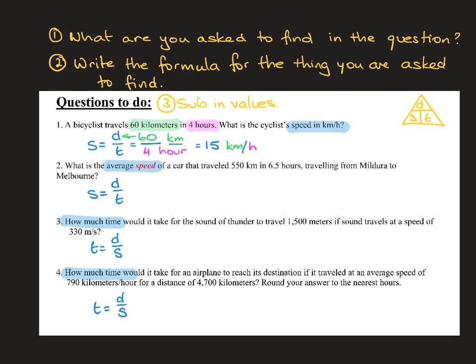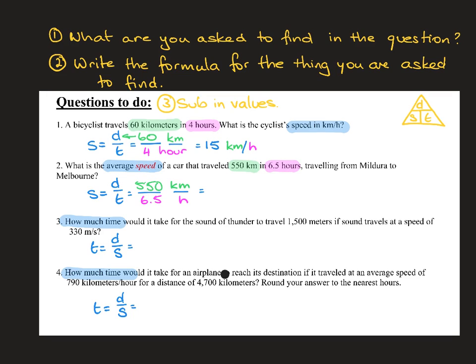Let's have a look at the second question. We've got a formula for speed. Let's read through the rest of the question and see what else we've got. What is the average speed of a car that travelled 550 kilometres? Sounds like a distance, so we'll put that in as our distance, 550 kilometres, in 6.5 hours. 6.5 hours sounds like a time, so I'm going to put it in as a time.